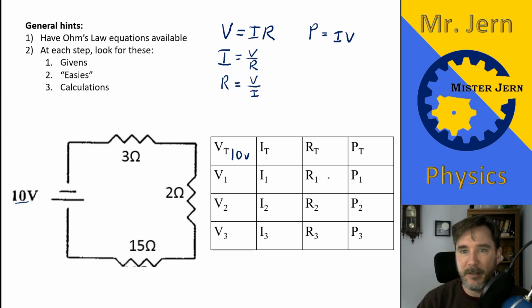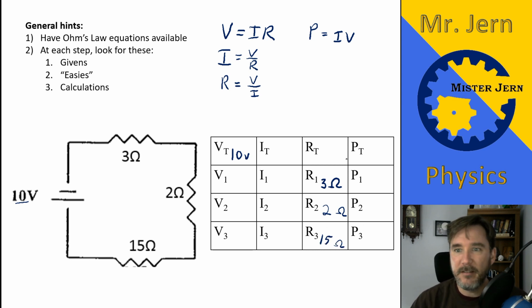Our first resistor given is 3 ohms. Our next resistor given is 2 ohms. And our last resistor is 15 ohms. Nice and easy. We got a big chunk of that data table already filled out, and we barely had to do any work.